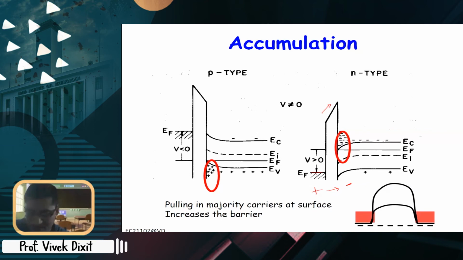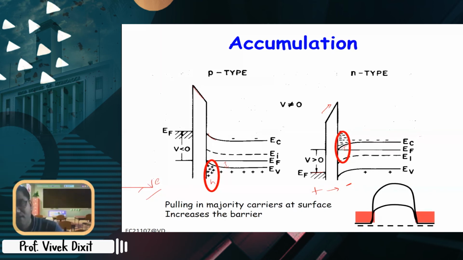So you see energy is increasing in both the cases, and because this is coming down, the gap between the Fermi level and EC is decreasing, so electrons are accumulating here. In case of p-type, you apply a negative voltage, right? So that means the Fermi level goes up, so the bands go down like this, and here the valence band edge is coming near to the Fermi level, so holes are accumulating here.